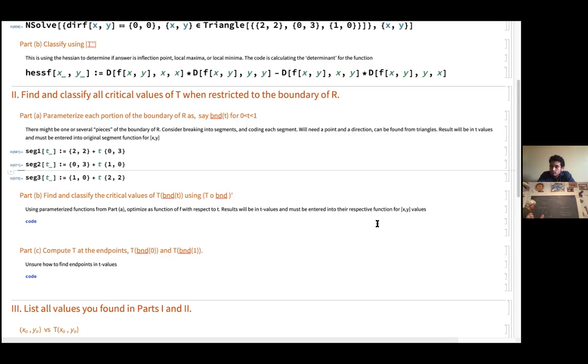Then the boundary, this is a triangle T, the boundary of T has 3 pieces, line 1, line 2, and line 3, or segment 1. So the boundary of T consists of those 3 segments.